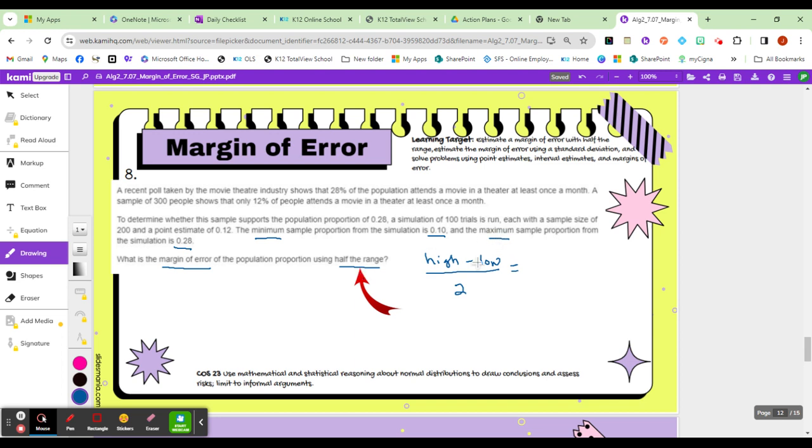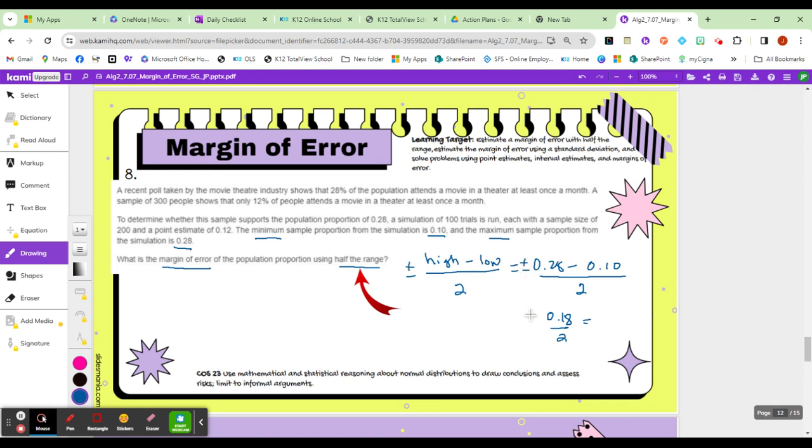So our max or our high was 0.28 minus our low, 0.10. Remember, we always do high minus low so we don't get a negative number, divided by 2. So that's going to give me 0.18 divided by 2, which is going to get me 0.09. And then remember, this is all plus and minus.